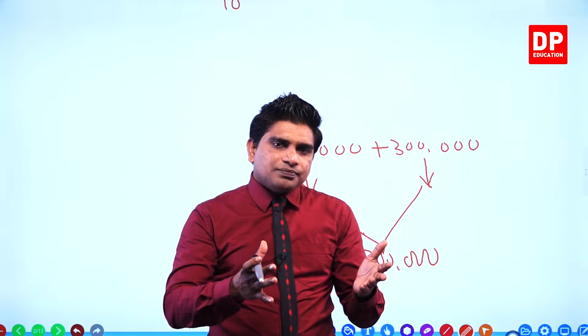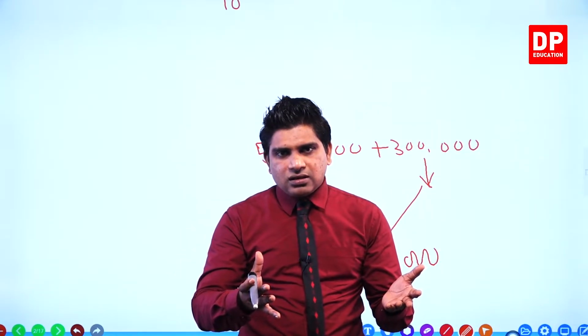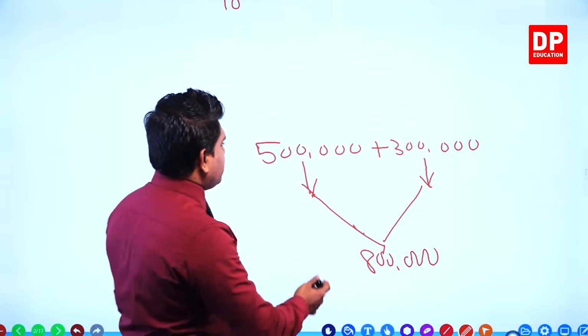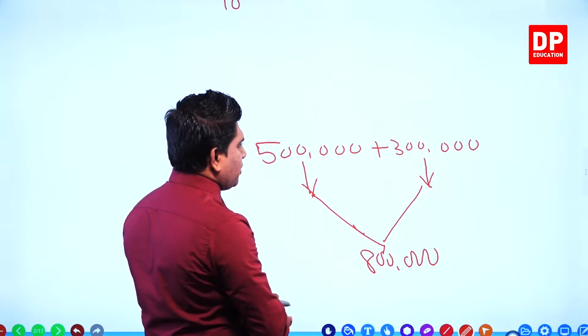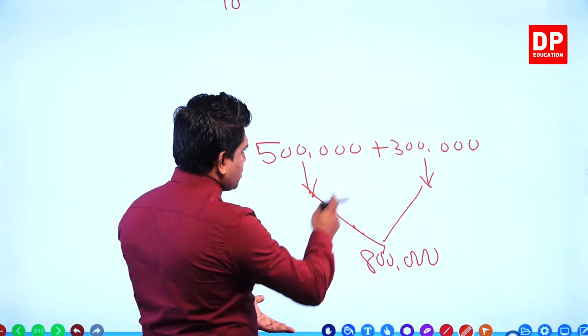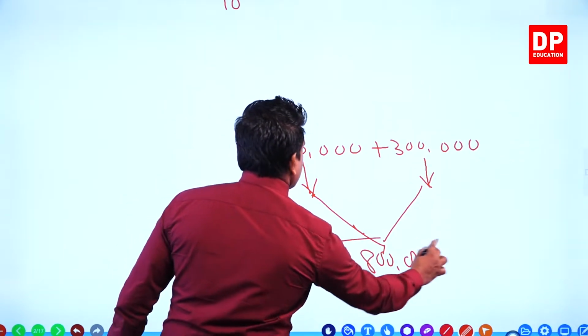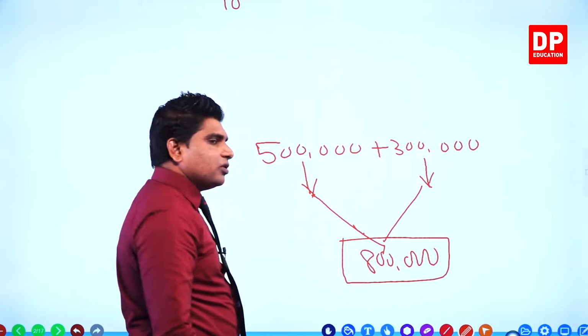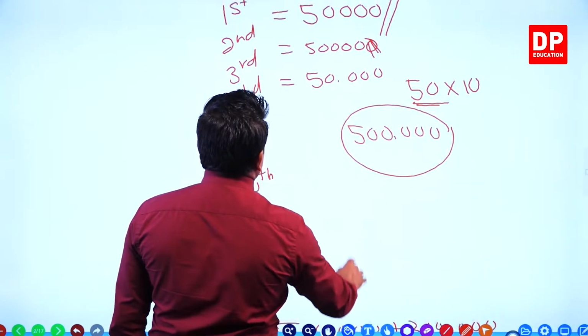Because we didn't use it, no? That's why. Then 500,000 is depreciable value, 300,000 is the remaining part of the value at the end of the lifetime. So residual value, scrap value plus depreciable value every time equals cost. Right? Okay. I think you understood well.